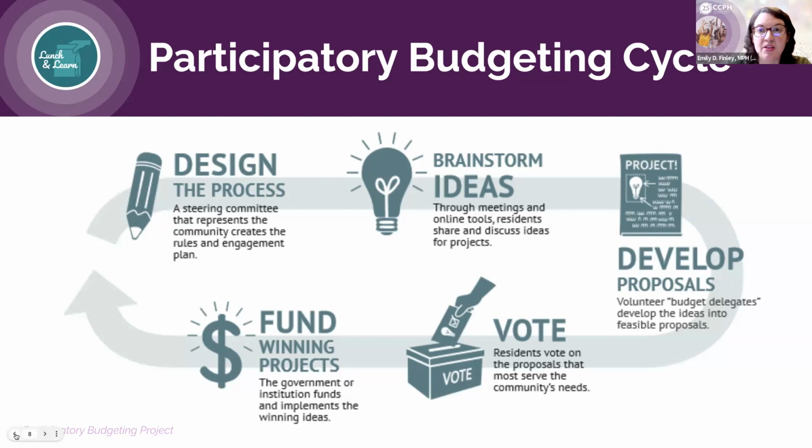The next step is that community members brainstorm and discuss ideas for projects through virtual or in-person meetings. Those ideas are then developed into feasible funding proposals. Next, the proposals are presented back to the community, who then vote on which proposals best serve their needs. And then finally, the winning projects receive funding to be carried out in those communities.